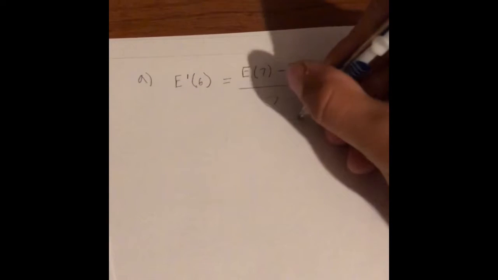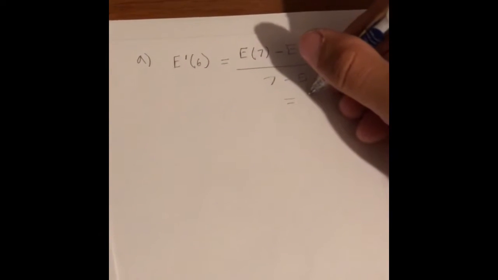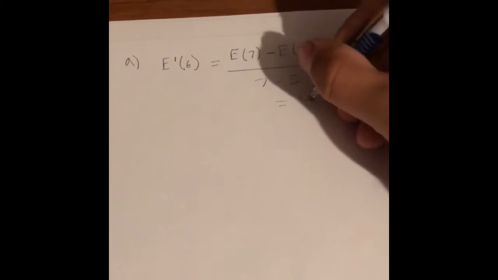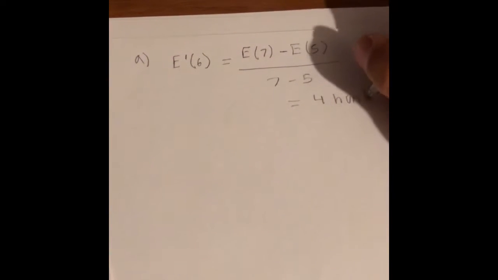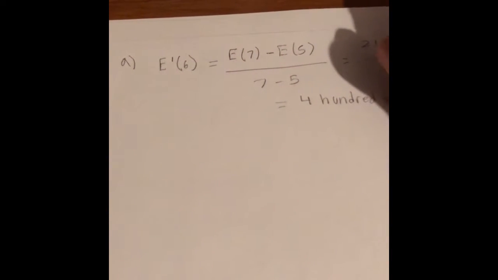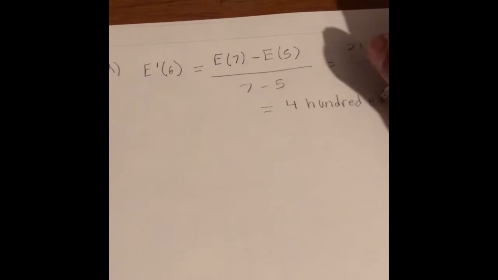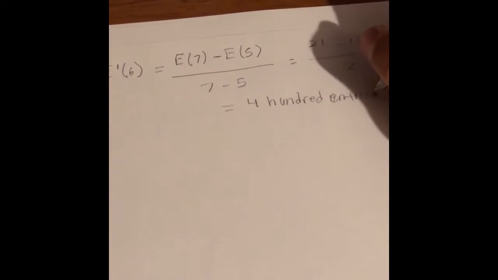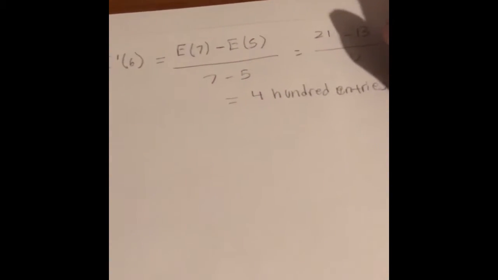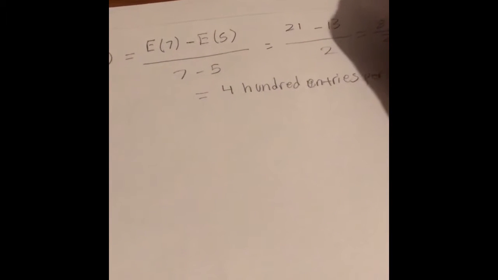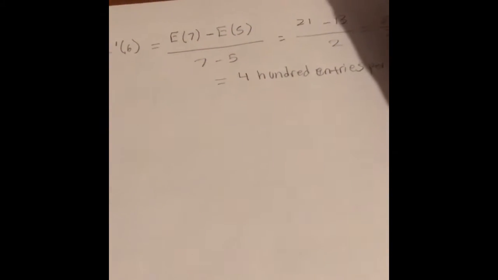And so our answer comes out to be 4, or 400 entries per hour, because this is the rate.